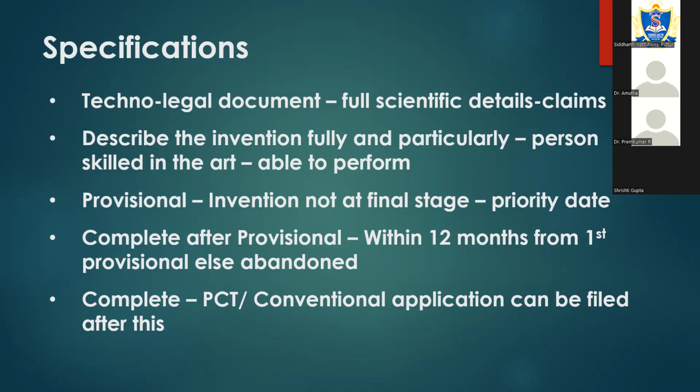You have to describe the invention in particular, and once you have described it, it should not be obvious to the person skilled in the art, but they have to be able to perform it. I think in the first session you might have heard about what an invention is. According to the Patent Act, we have to satisfy three criteria: novelty, inventive step, as well as industrial applicability, right?